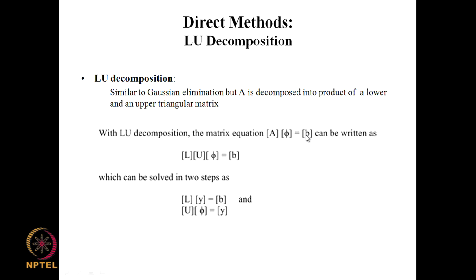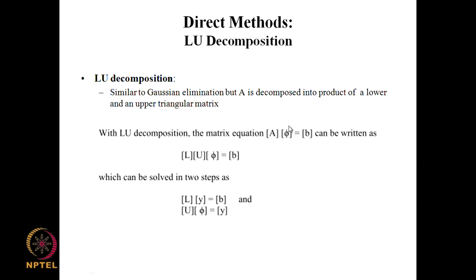But if you have a problem in which A phi equal to B is followed by A psi equal to C and A eta equal to D, like that, so in which you have to solve a number of equations for which A is the same matrix, then you need to do the decomposition only once, and then you can solve this as LU phi equal to B, then LU psi equal to C, and then LU eta equal to D. So, in that way you can solve this every time.